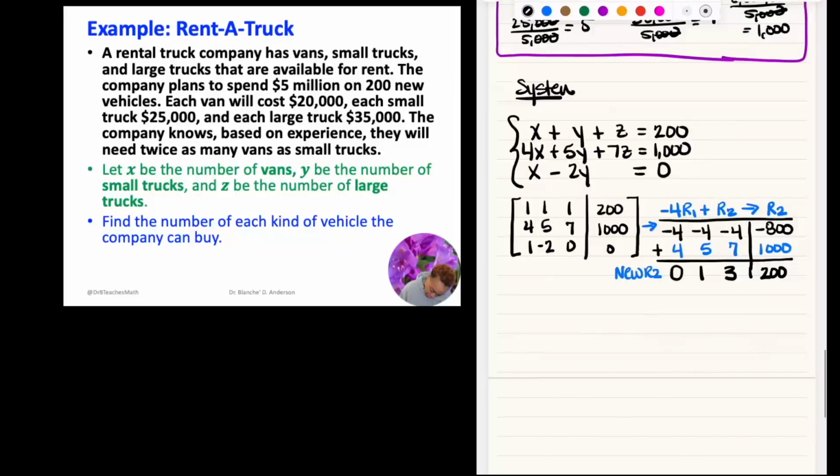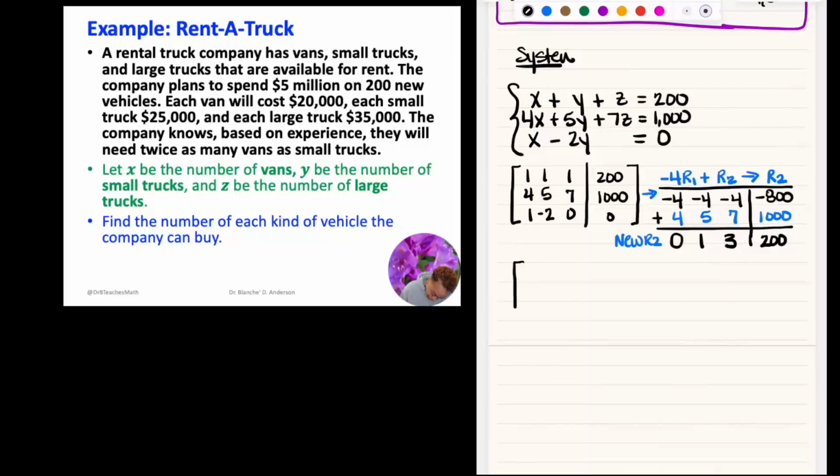So now when I write the matrix, we're going to have 1, 1, 1, 200. You're going to have 0, 1, 3, 200. Matter of fact, if it helps when I'm going through this, I can write the new one just so you can see which one we changed.